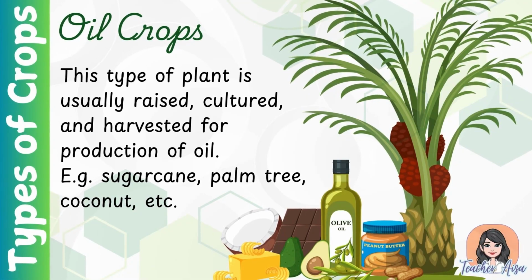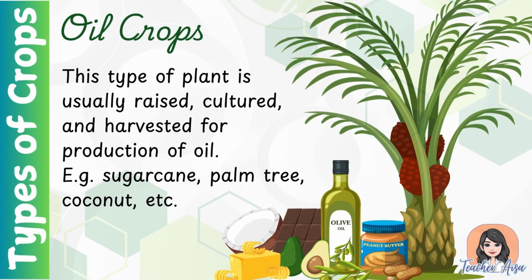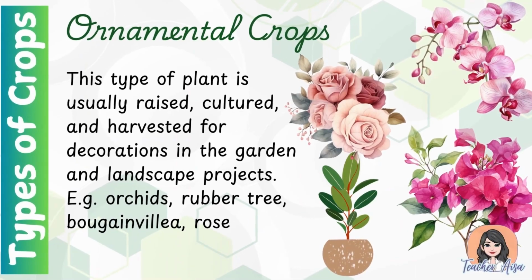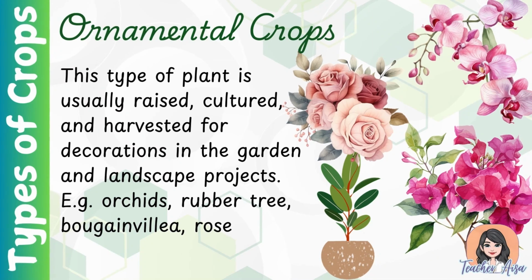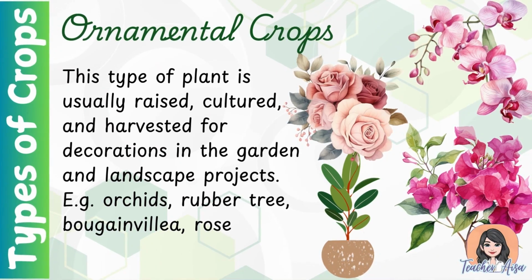Examples are sugarcane, palm tree, coconut, etc. Ornamental crops. This type of plant is usually raised, cultured, and harvested for decorations in the garden and landscape projects. Examples are orchids, rubber tree, bougainvillea, and rose.